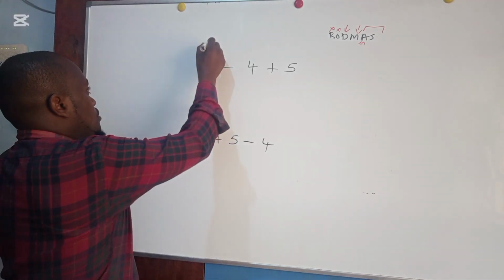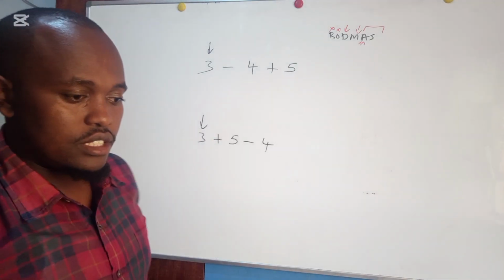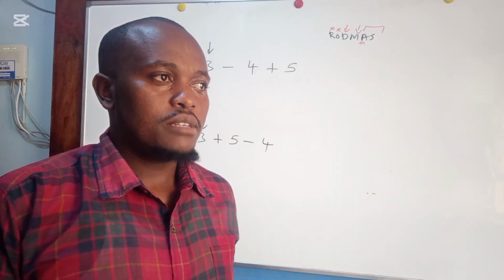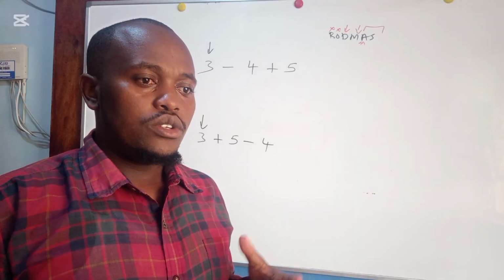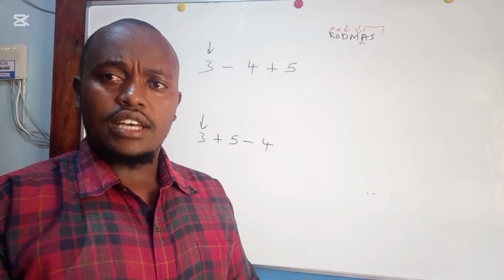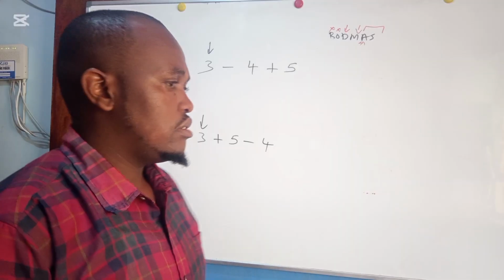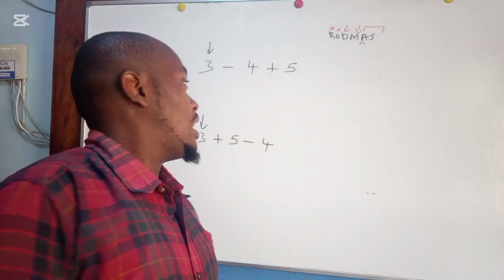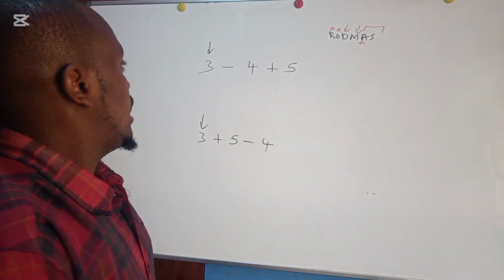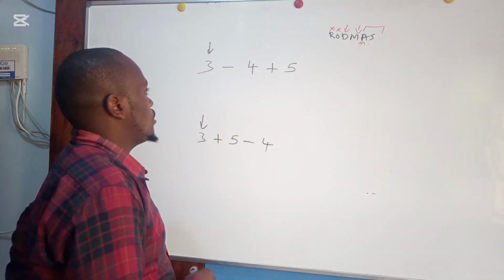You have given that person 3 shillings. When you have a debt, it is negative. If that person has your money, it should be positive. So I went to the shop, I left my change of 3 shillings. Then I sent a child, or I went myself, and I picked things worth 4 shillings.